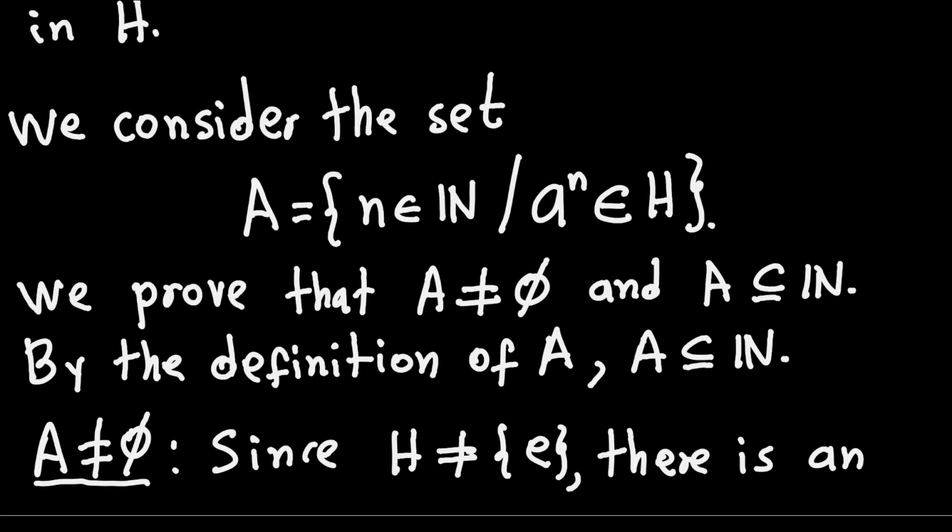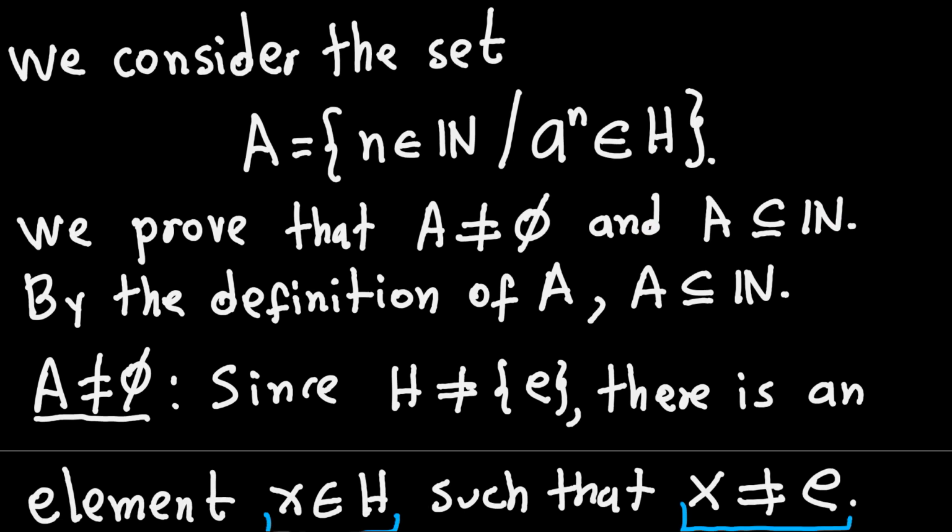Now remember, an important thing about applying the well-ordering principle is that we need to prove that the set to which we want to apply it is non-empty and is included in the natural numbers. So these are two important things that you need to check. One of them is easy to check, that A is included in N. Why is that easy?